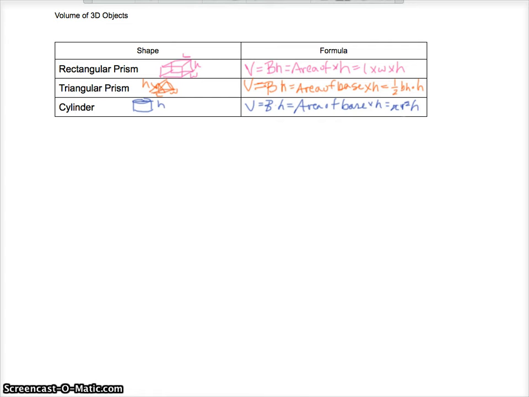And let's go back and describe our bases. The base of a cylinder is a circle. The base of a triangular prism is a triangle.